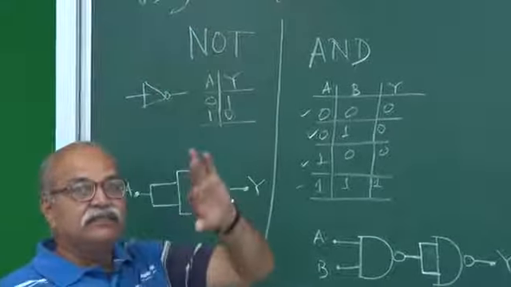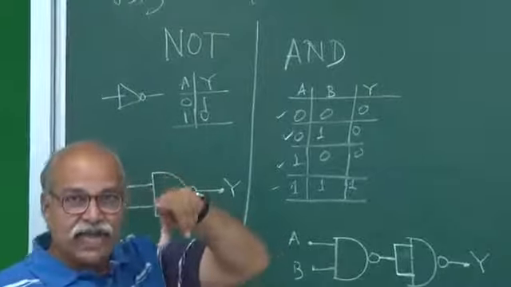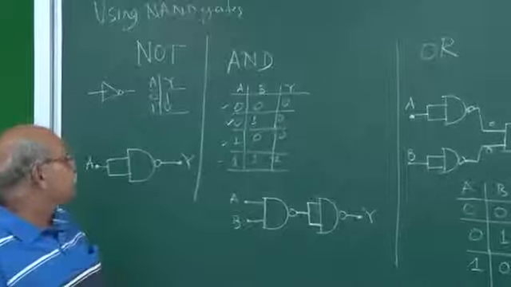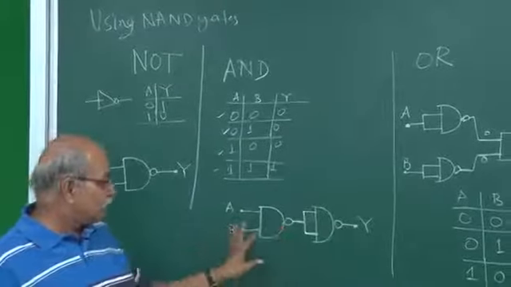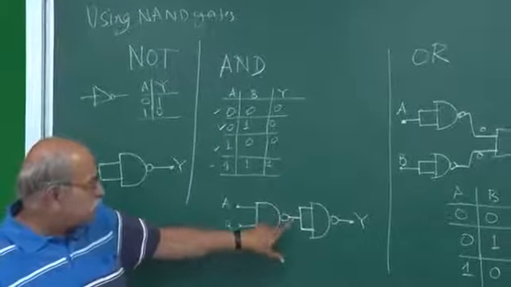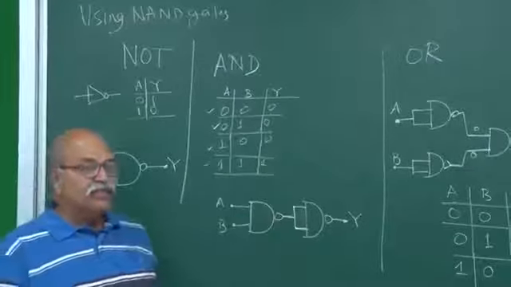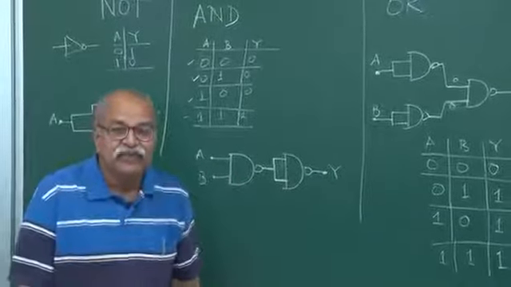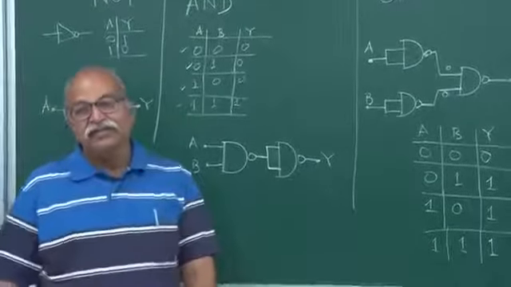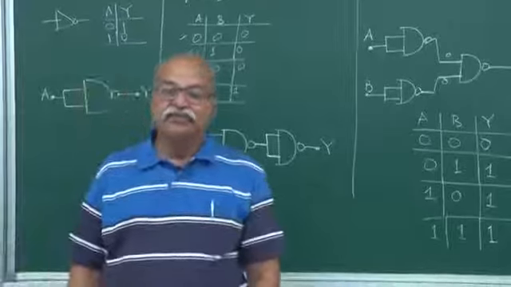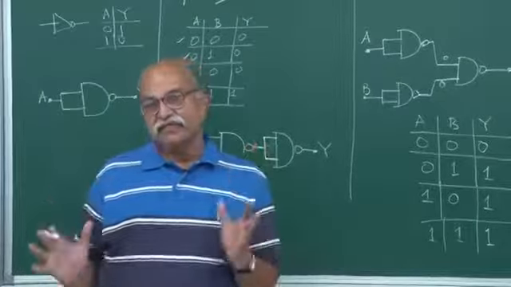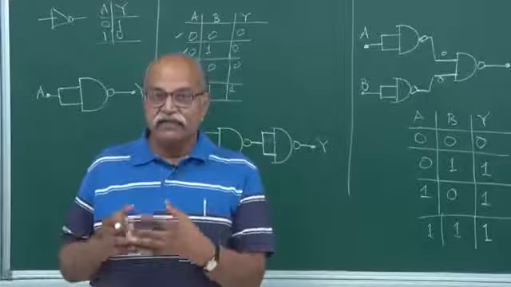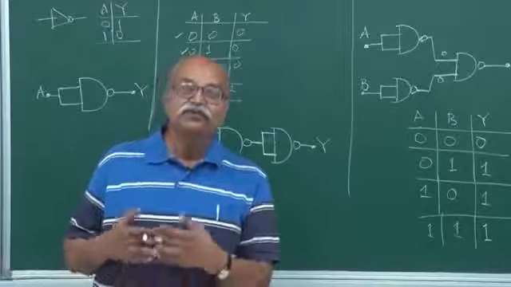So, you know what AND is; the NAND is NOT of that. So, that is NAND, and the symbol is also of that variety. This is the symbol for AND and this circle makes it NAND, and similarly if you have OR, then NOT of that is NOR. And these two are called universal gates because any kind of digital circuit can be made only through NAND gates or only through NOR gates.